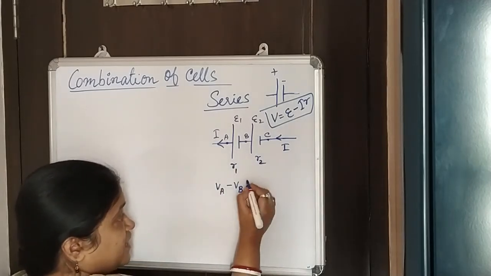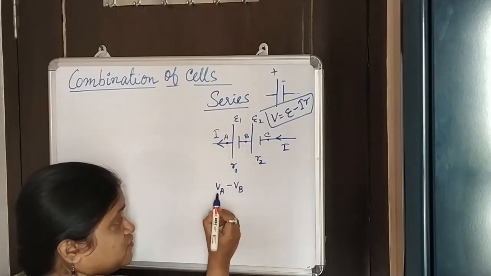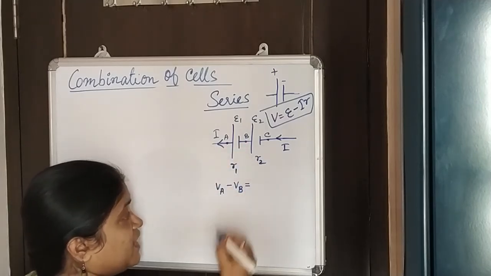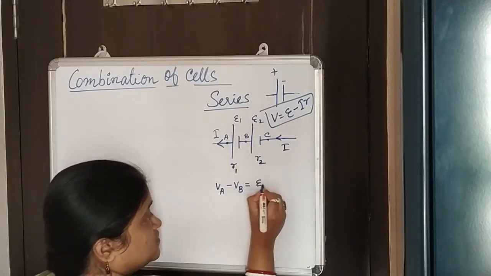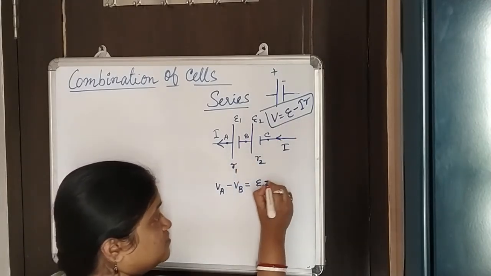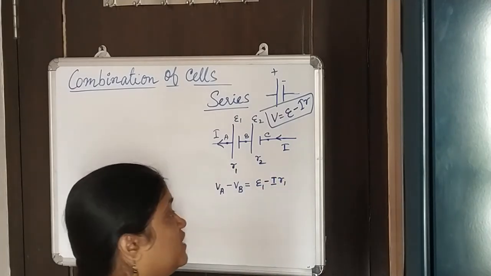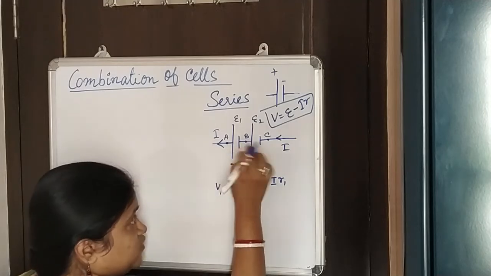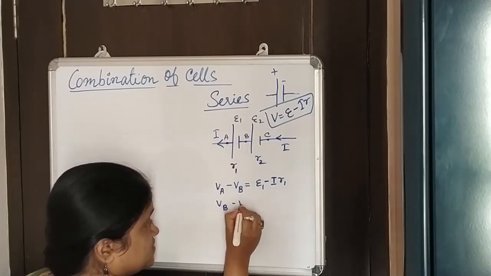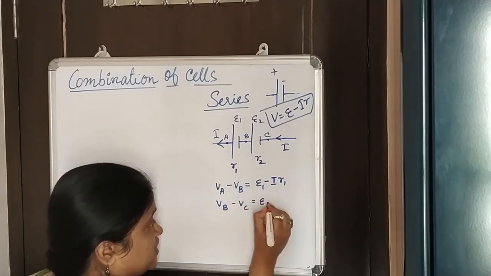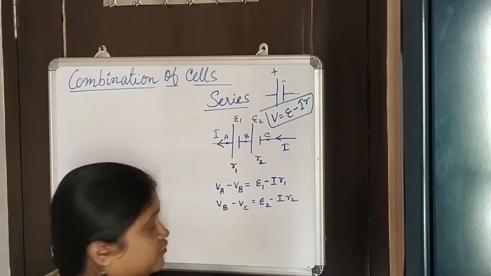Using that, the potential difference between the points A and B, which is VA minus VB, would be epsilon 1 minus I R1. And for the second cell, VB minus VC, it will be epsilon 2 minus I R2.